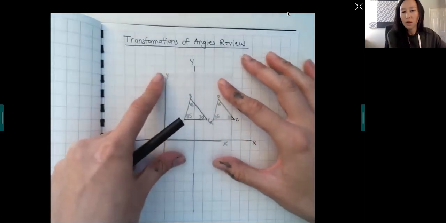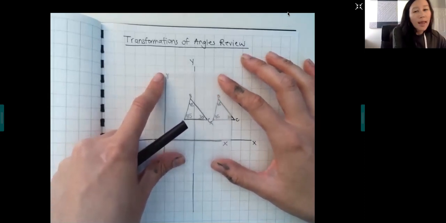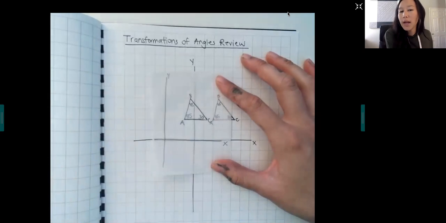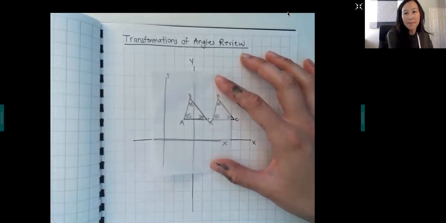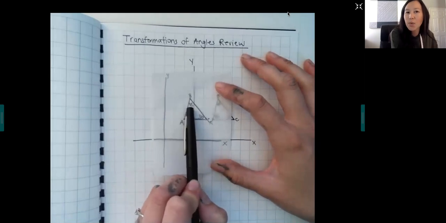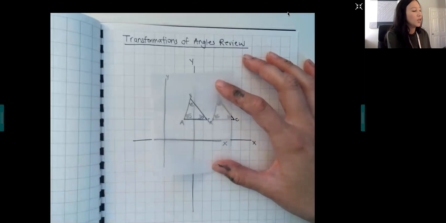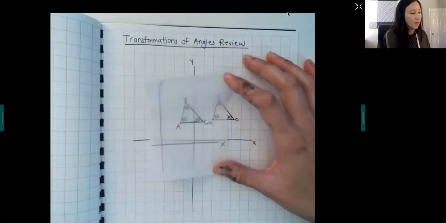So that's a translation 3 units to the left. And then they might ask you, what is the measure of angle B? Angle B is still 65 degrees. It's exactly what the original image was. It doesn't change. Again, we're just picking up that exact triangle and moving it.